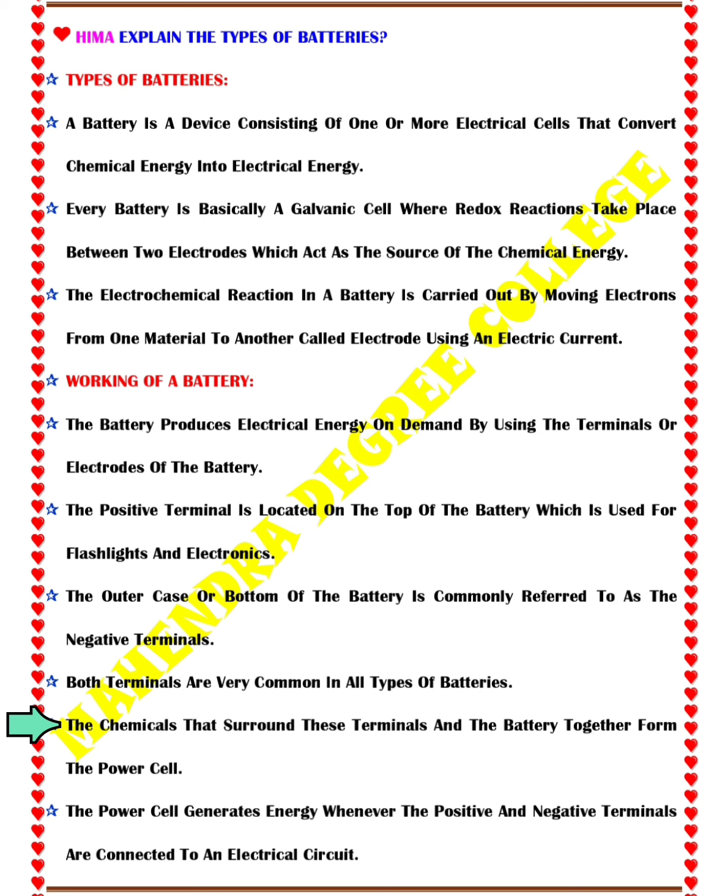These react chemically to generate electric energy. Positive terminal and negative terminal allow current to flow in and out of the battery. They connect the internal chemical system to an external circuit.